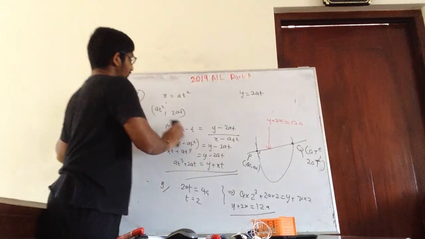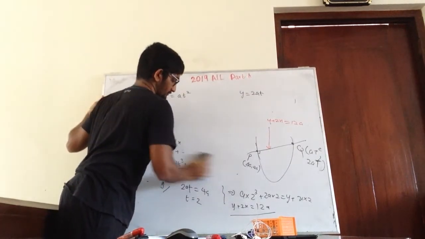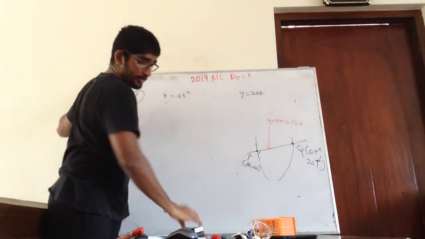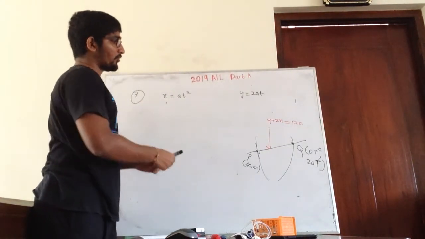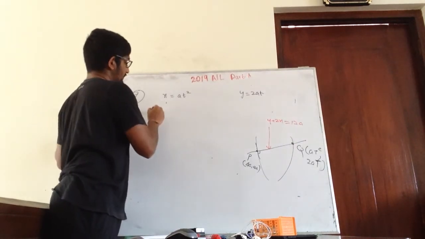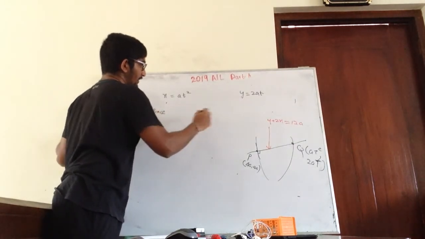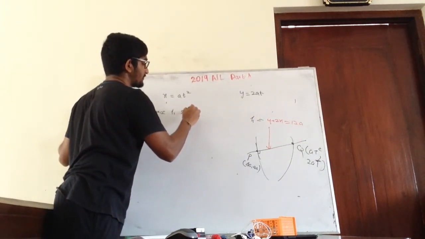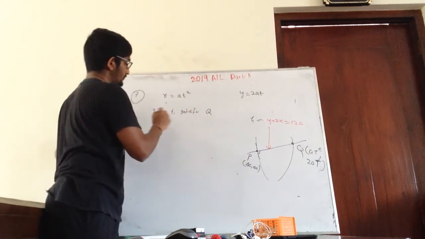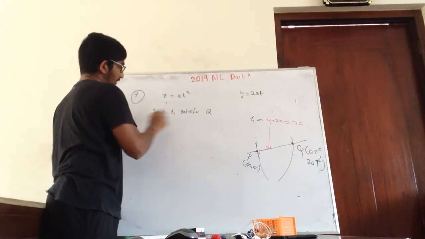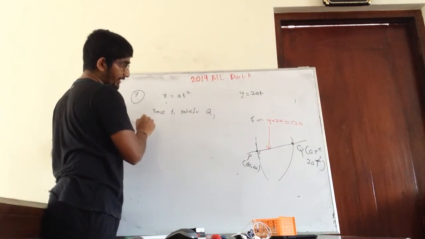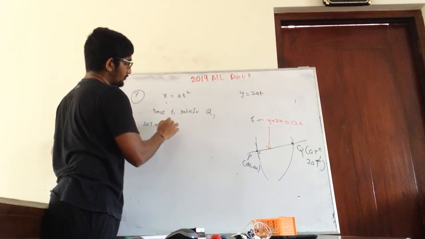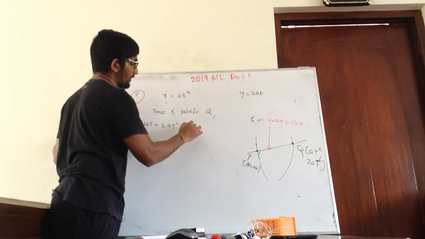So what I'm going to do now is substitute. If I take this as L1, since L1 satisfies Q, I can say y is basically 2at, so 2at plus 2at squared is equal to 12a.